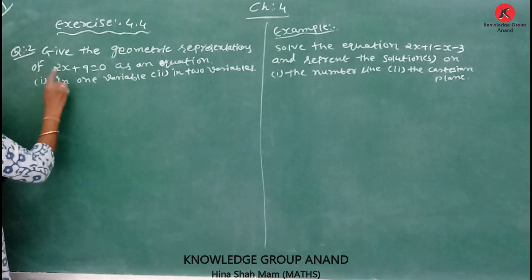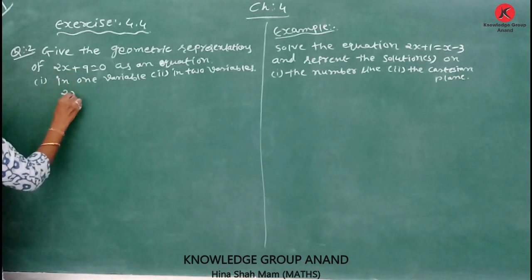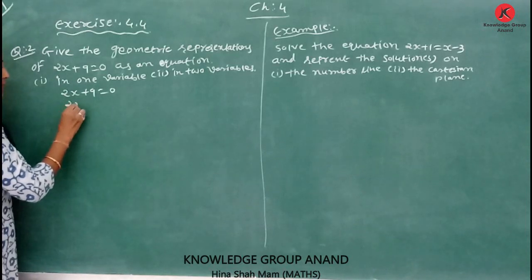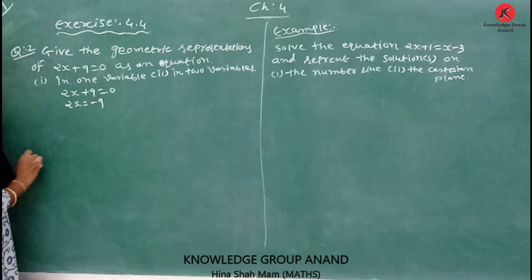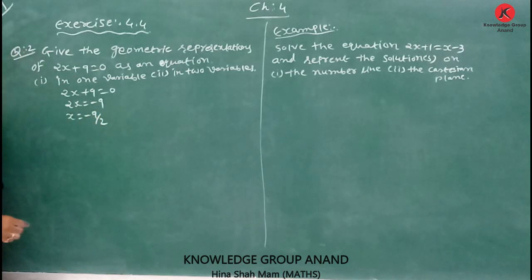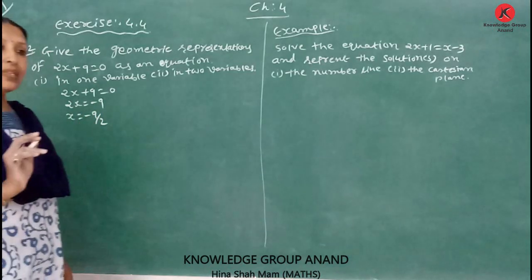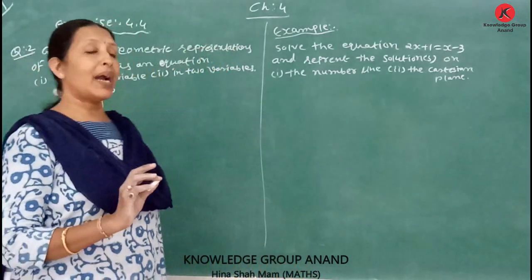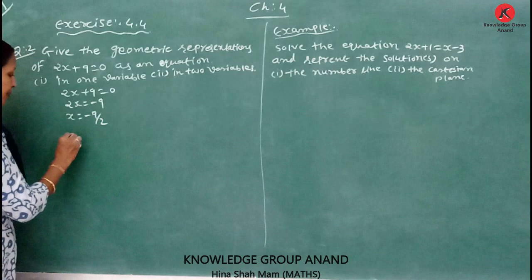In one variable, first we simplify this equation. 2x plus 9 is equal to 0, so 2x is equal to minus 9, and x is equal to minus 9 by 2, which is minus 4.5.